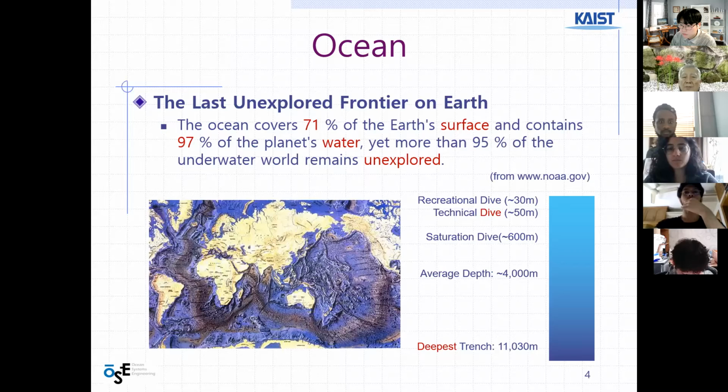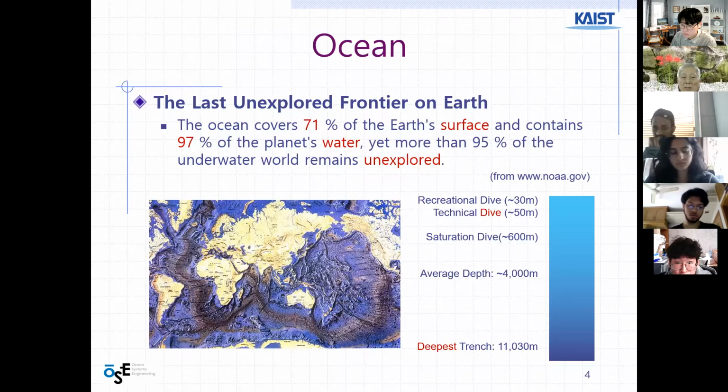The ocean is an unexplored frontier on Earth, so there can be many chances to discover new things, new findings. And 71% of the surface area is water or ocean. It is full of water, and 95% of the underwater world is unexplored.